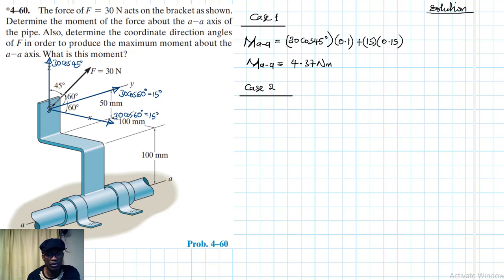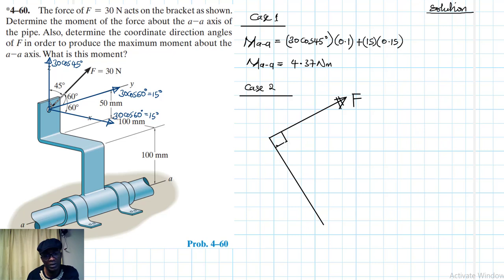So for us to produce a maximum moment about the AA axis, okay, so if this is the force, all right, if this is the force, then we expect this angle there to be 90.